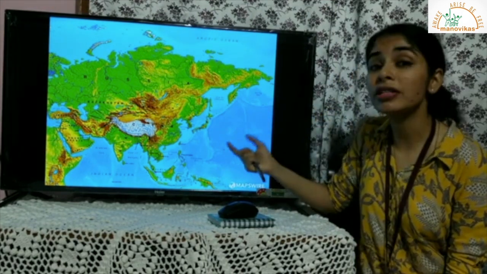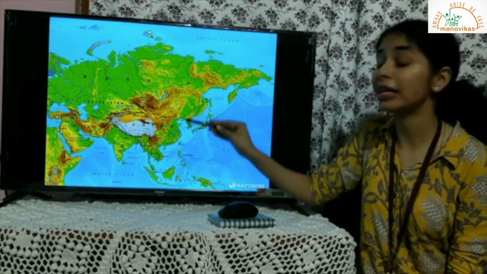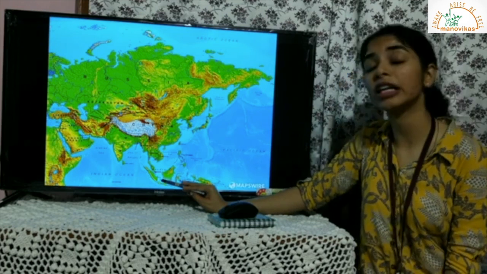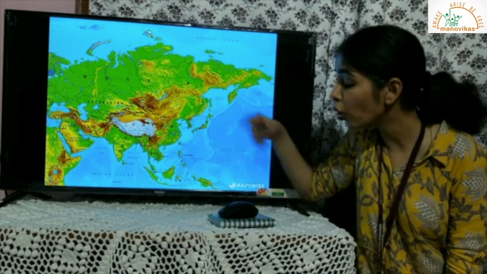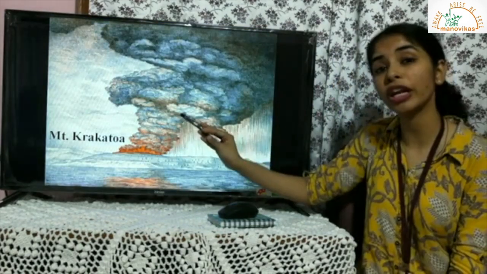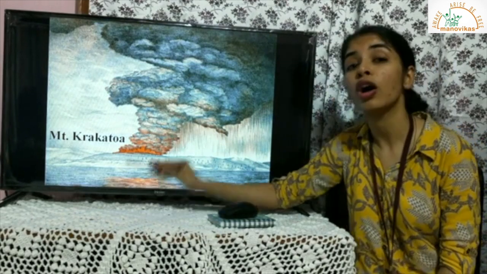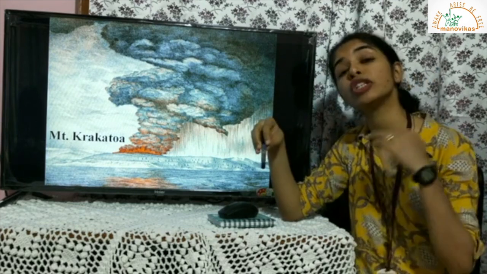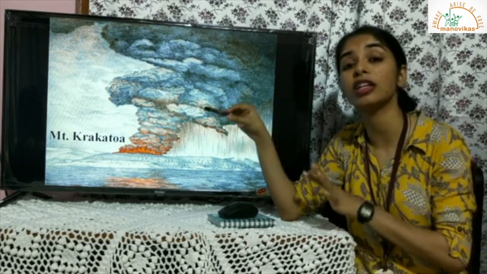A very good example of the volcanic eruptions that happen in this region was Mount Krakatoa, located in the islands of Indonesia. Mount Krakatoa was a volcanic island located between the Java and Sumatra islands in Indonesia.